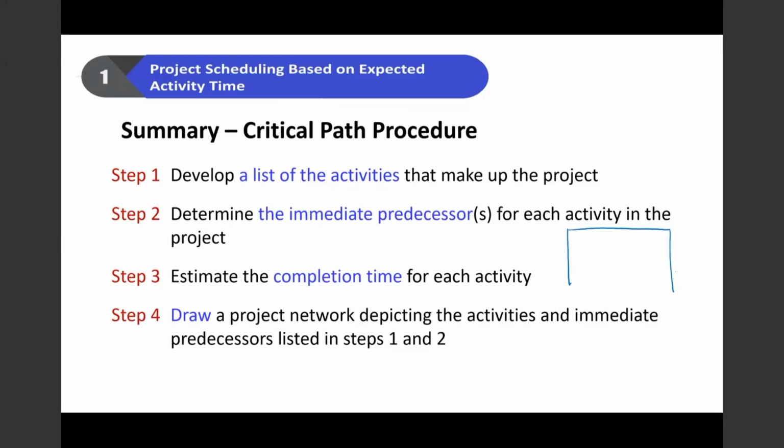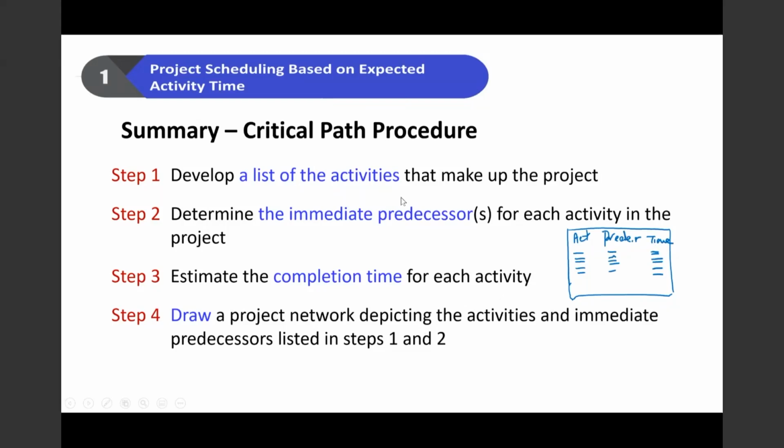A lot of the time, these are given to you: what is the activity, what are the predecessors, and what is the time. Usually in exercises and questions, this table will be given to you with the activities, the predecessor activities, as well as the time.